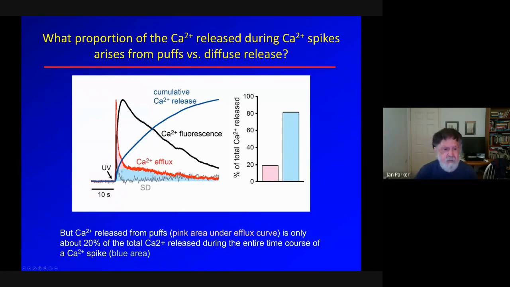So it's pretty obvious that the puffs have ceased by about this time, so they're contributing only a small fraction of the total calcium released. We estimate that only 20% or so of the total calcium released during the global response is coming from the puffs, and the rest would be coming from what we're terming this second diffuse release mechanism.